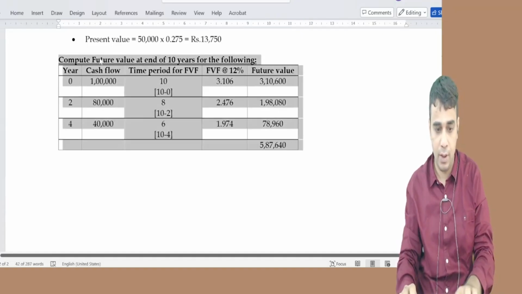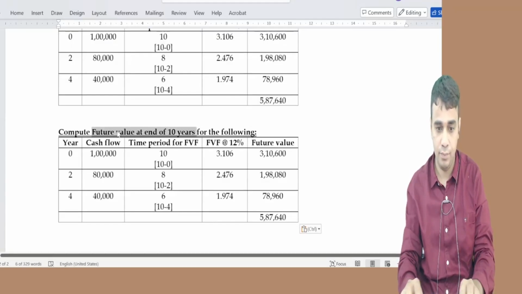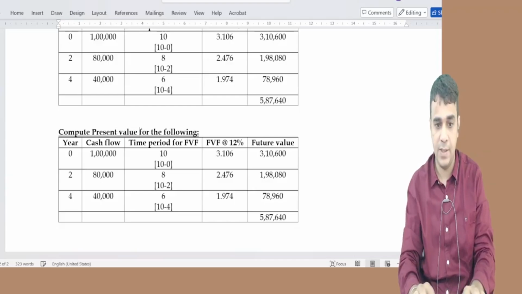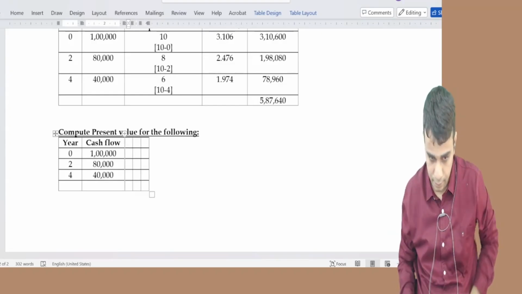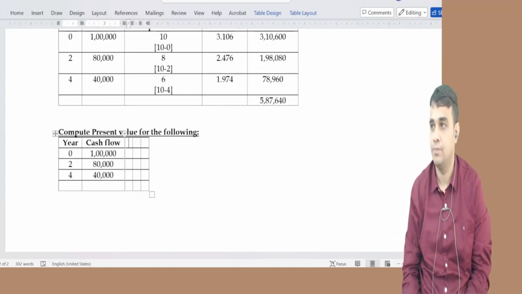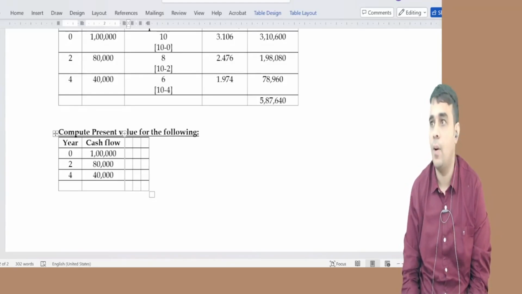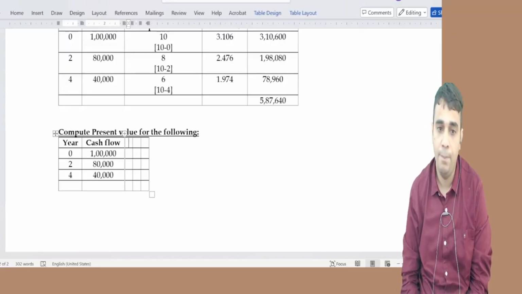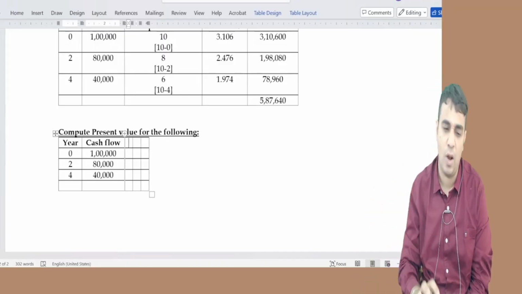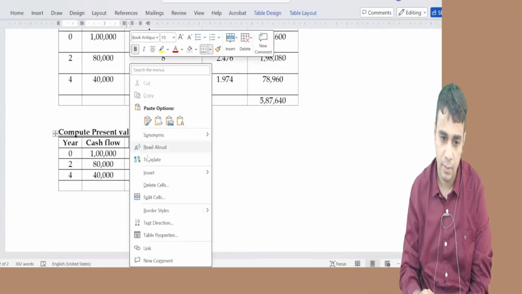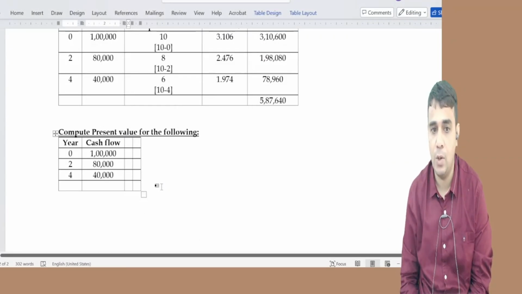Compute present value for the following. Same numbers, but today's value I have to calculate. Year, cash flow, extra columns will be needed. I think extra 2 columns needed.